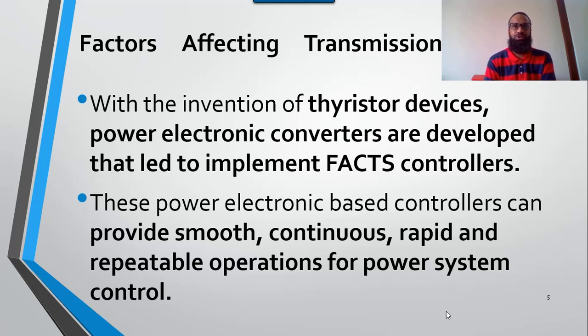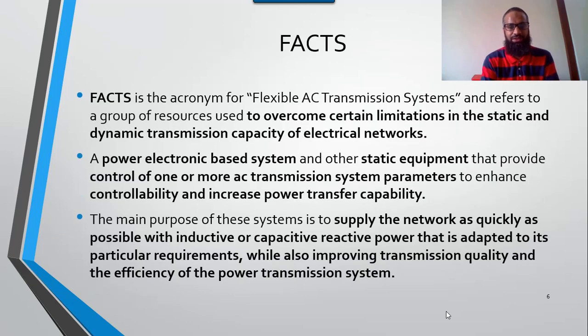Similarly, the continuity or the reliability of the power transmission is improved. Compared to the traditional methodology, it has comparatively fast switching. This switching gives an advantage over the mechanical switching of the system. So the controllability of the system is increased. That's why they are called flexible devices.